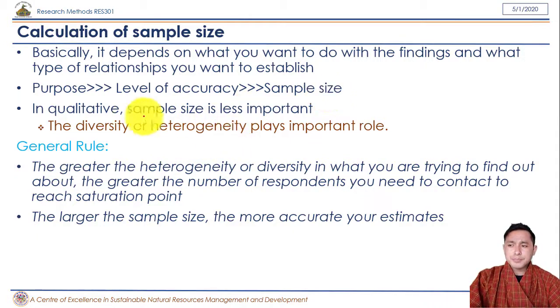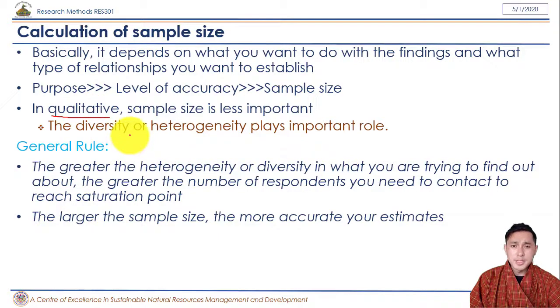Again, it depends on whether the approach is qualitative or quantitative. If it is qualitative, the sample size phenomena is not that important. Unless you reach data saturation point, you are collecting the sample of your choice.